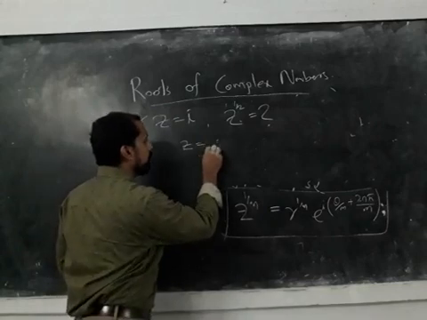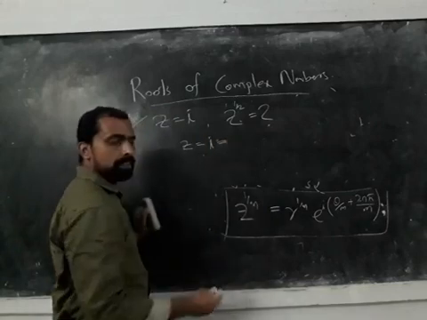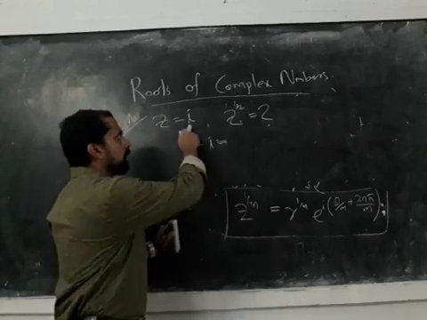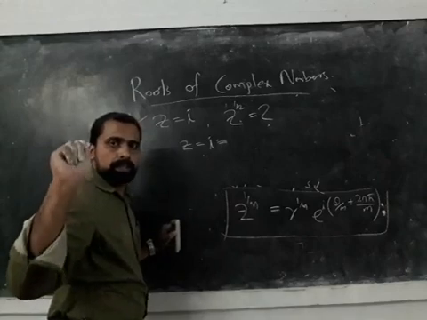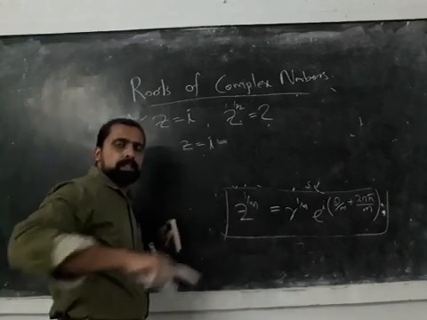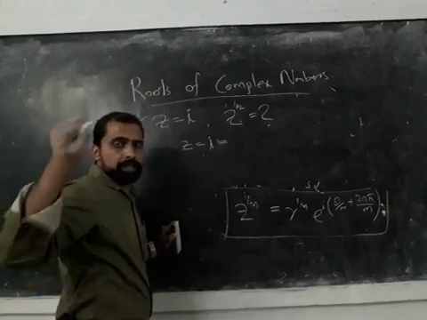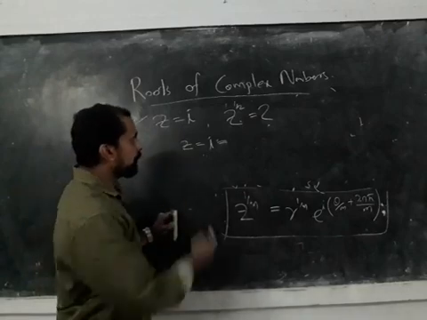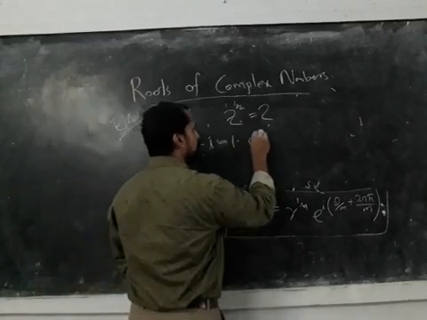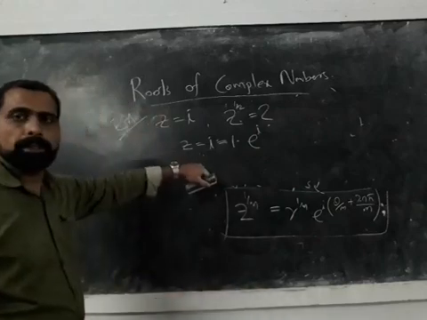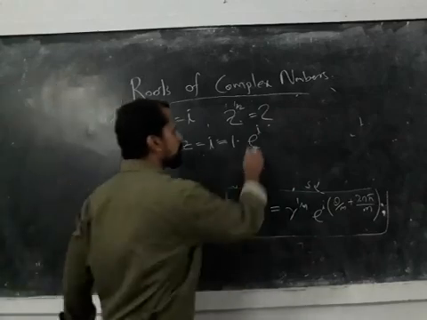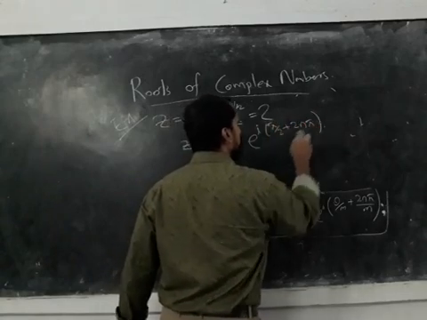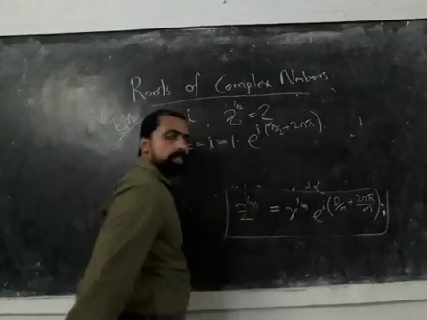Z is equal to i, where r will always be 1 for i, minus 1 and minus i, because these all lie on the unit circle in the complex plane. Unit means the magnitude is always 1. So r is 1, so 1 into e raised to i pi by 2 plus 2n pi. This is the principal value plus 2n pi.